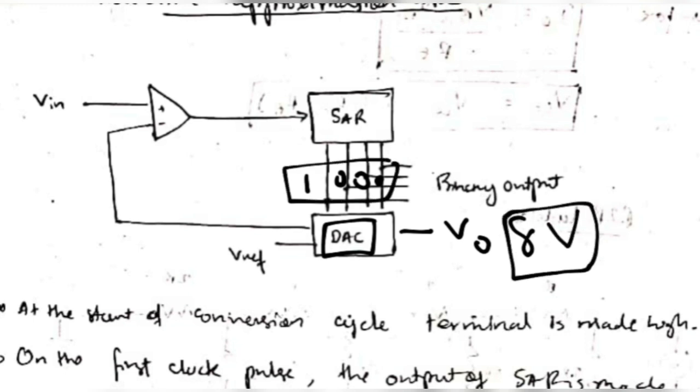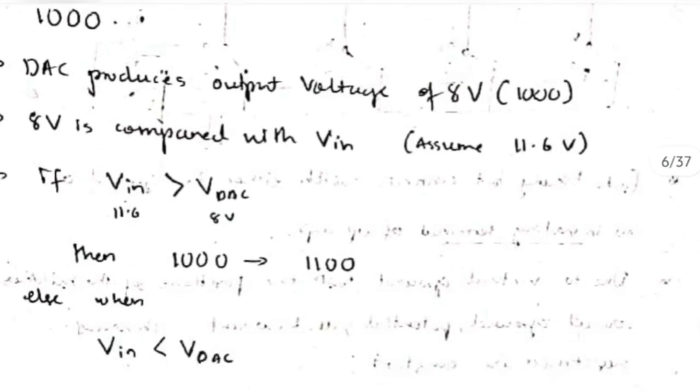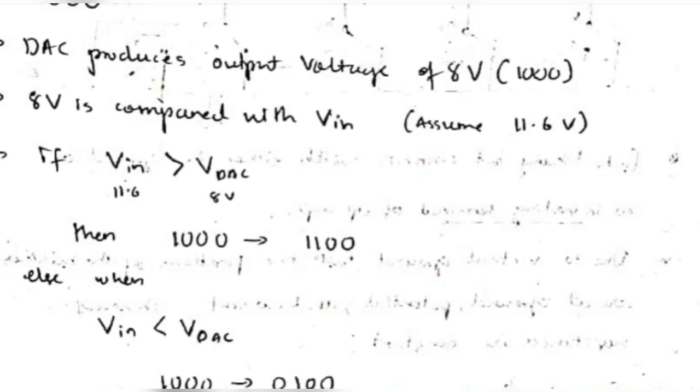So you will get the output here as 8 volts. Now if you provide this input voltage here, that should be converted into the digital output. For example, if you provide 11.6 volt here, that will be compared with 8 volt first. So first you will be comparing this 11.6 volt and 8 volts here.